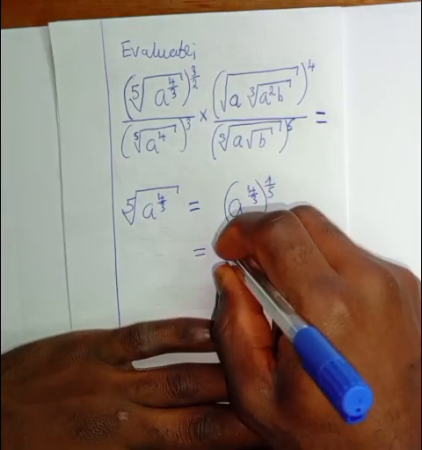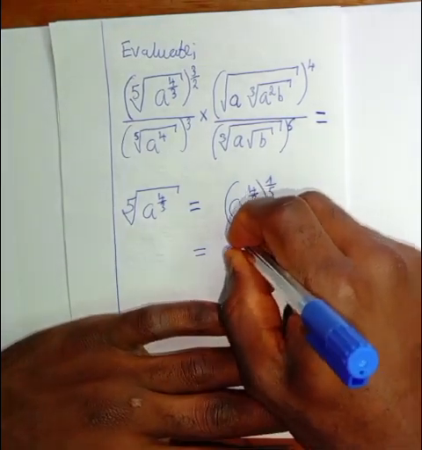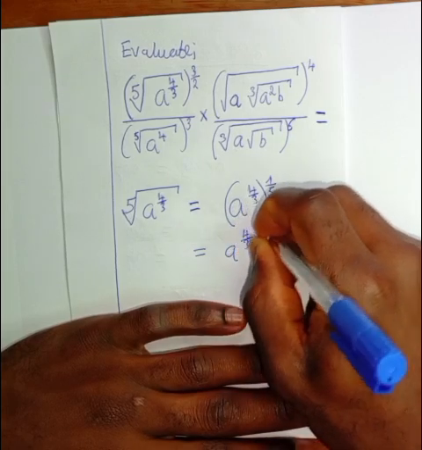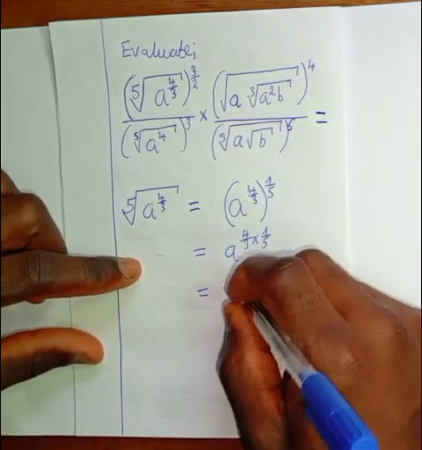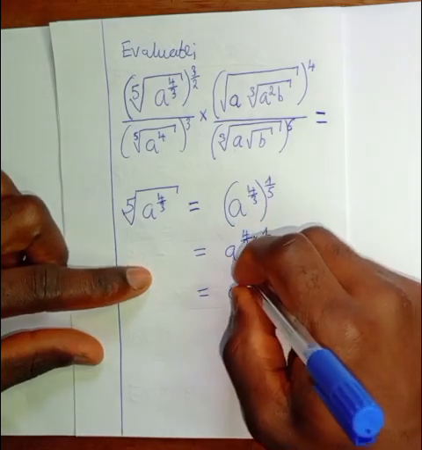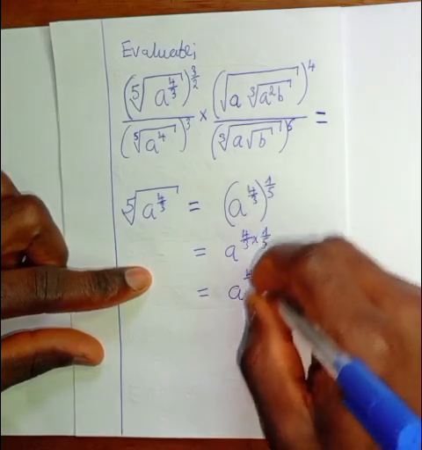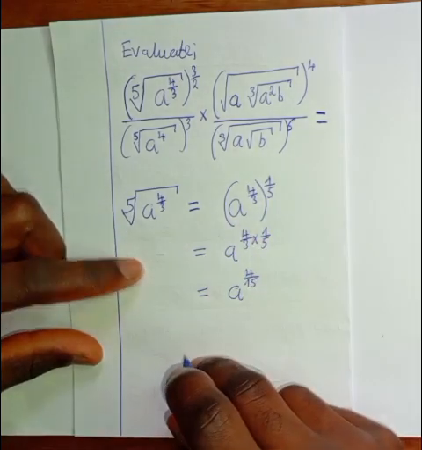And this will simply be equal to a raised to the power 4/3 times 1/5, which is simply equal to a raised to the power 4 times 1 gives 4 over 3 times 5 gives 15.